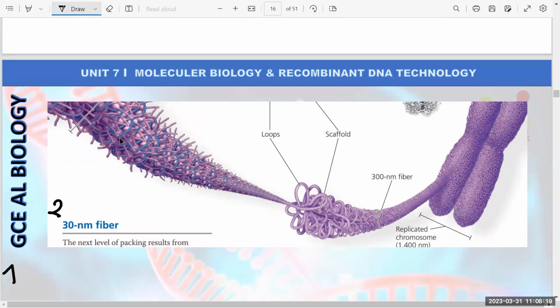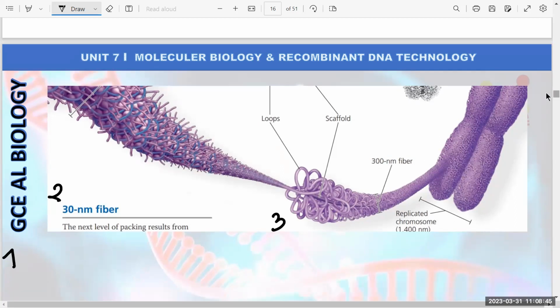You can see the histone proteins are joined together to make this chromatin fiber. The third level is the loop domain. You can see the loop domain makes this loop. After that, this loop domain is going to coil to make the chromosome. So the chromosome is the metaphase chromosome, 1400 nanometer.